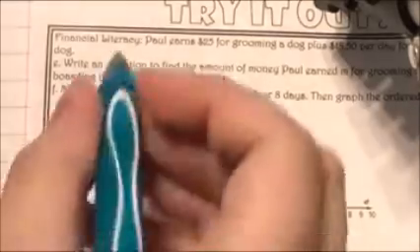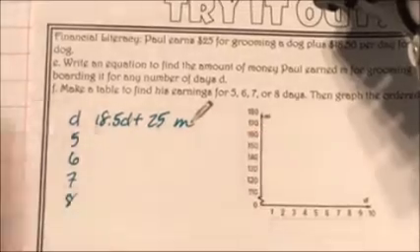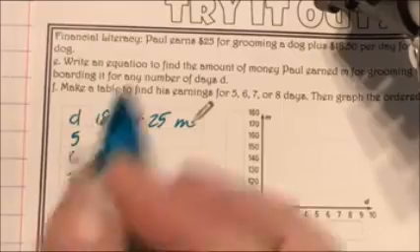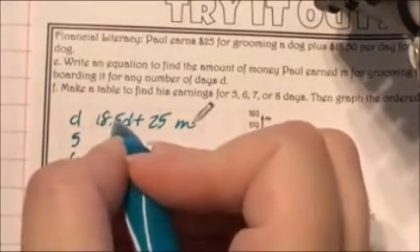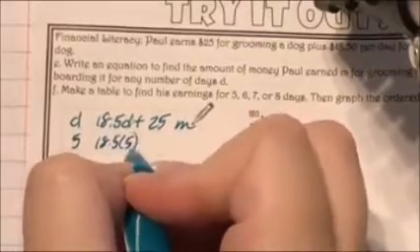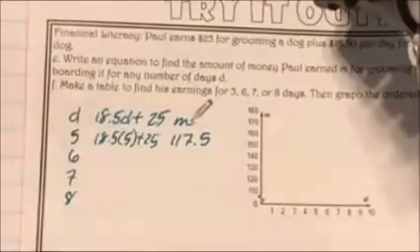Okay, the numbers they gave me for D were going to be 5, 6, 7, and 8. So I just take out my calculator, I can plug them in. 18.5 times 5 plus 25 is 117.5.